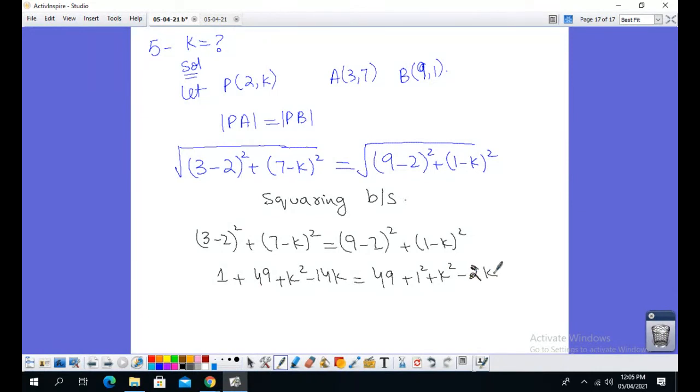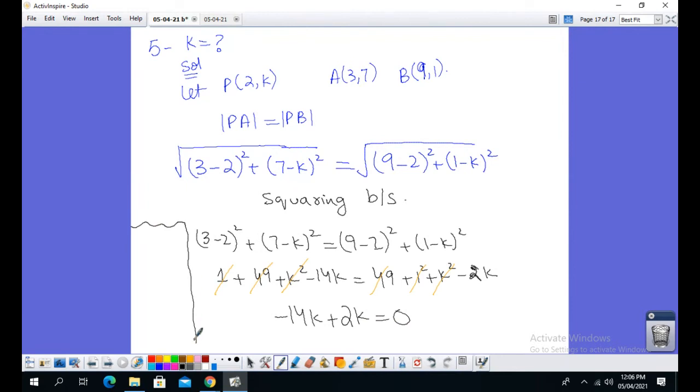Now simplifying it, 49 is cancelled with 49, k square is cancelled with k square, and 1 is cancelled with 1. We are only left with minus 14k. When we take negative 2k to the left hand side, it becomes positive 2k is equal to 0.